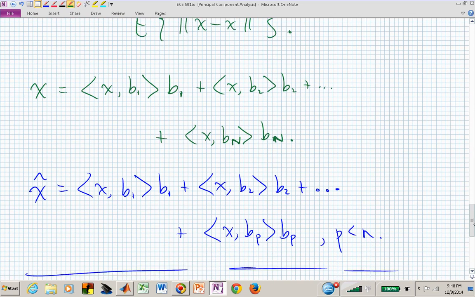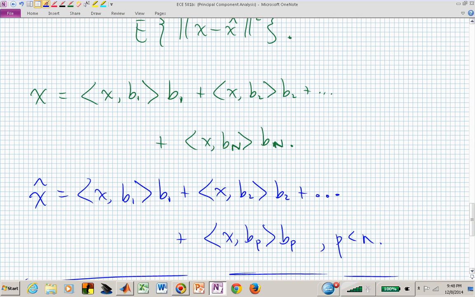We now want to find a shorter list that we can then model x by, and we want to approximate x with a much smaller list of basis vectors, b sub 1 through b sub little p, where little p is less than capital N, and that will then be our x hat.